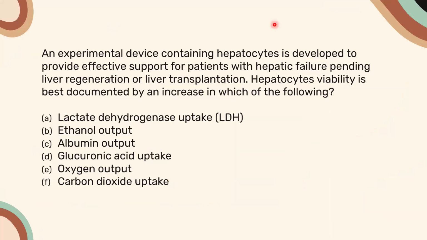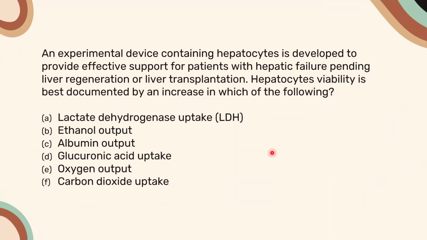An experimental device containing hepatocytes is developed to provide effective support for patients with hepatic failure, pending liver regeneration or liver transplantation. Hepatocyte viability is best documented by an increase in which of the following?